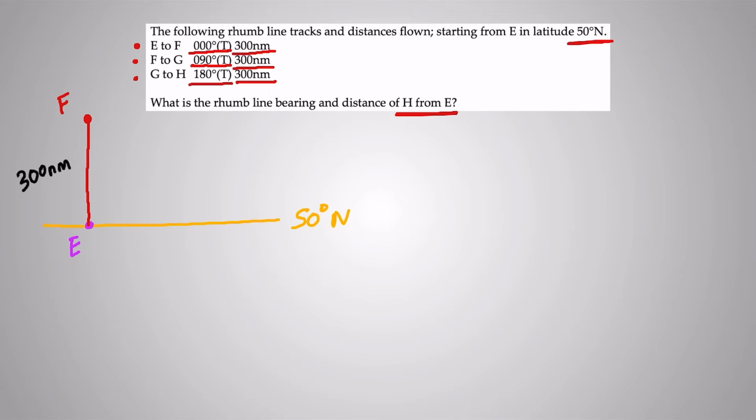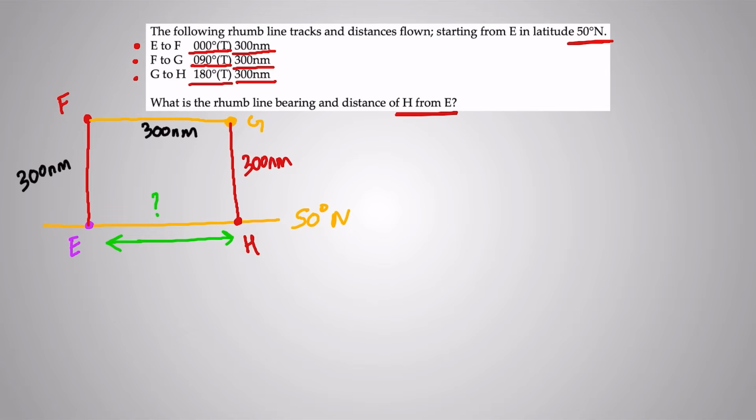Next it says that F to G is 090 degree true and 300 nautical miles. So this is my point G, which is again 300 nautical miles. And from G to H it is 180 degree true and 300 nautical miles. And I'm supposed to find the distance and the rumb line track of H from E. So E to H is unknown.